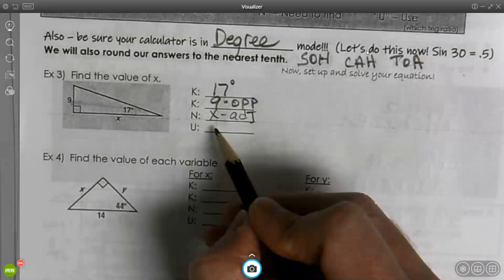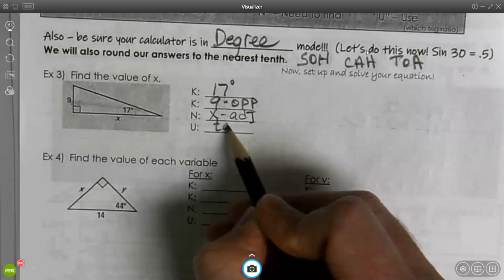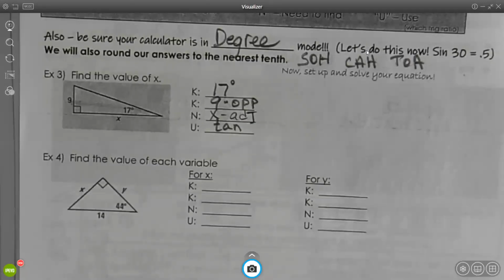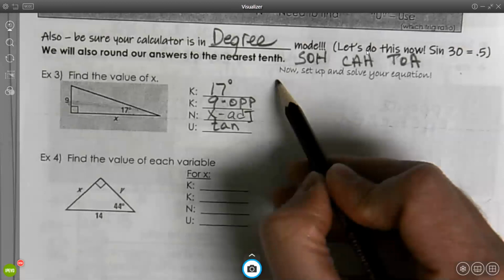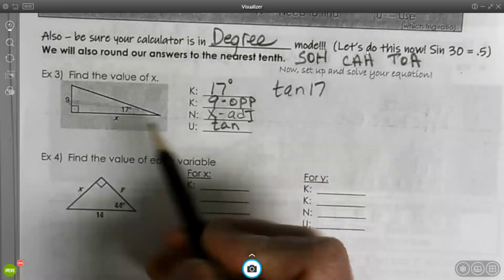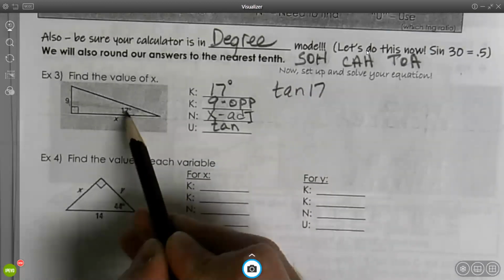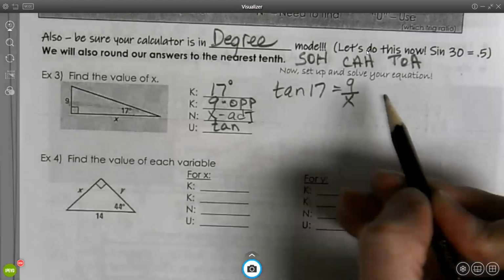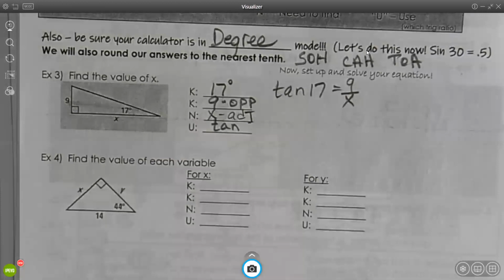So we'll be using tangent. That is how you determine which trig function you use. So the tangent of your 17, from the 17's point of view, the opposite over the adjacent would be the equation that you've set up to solve for x.